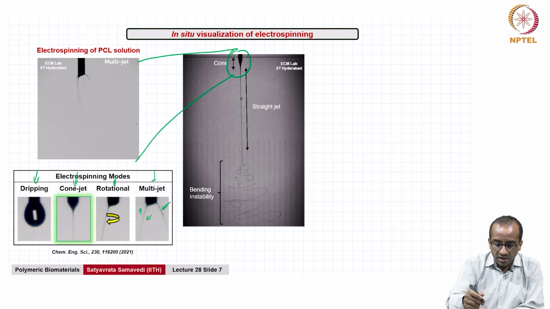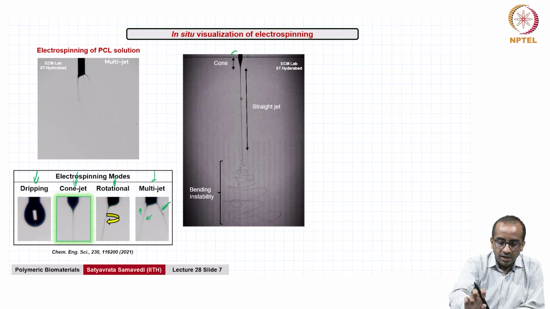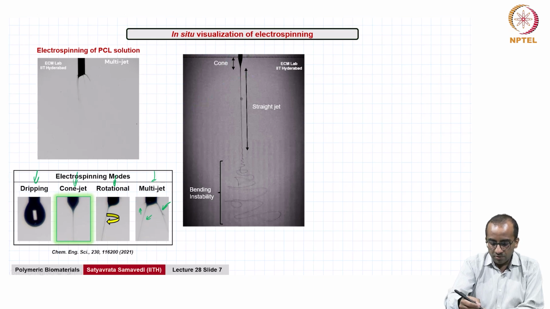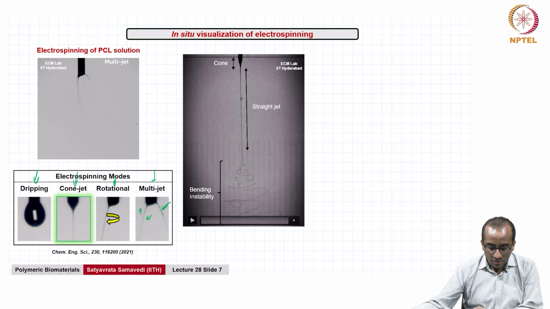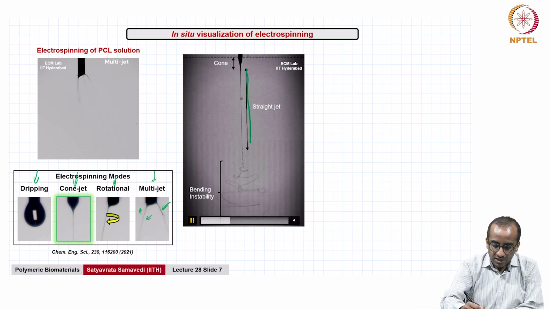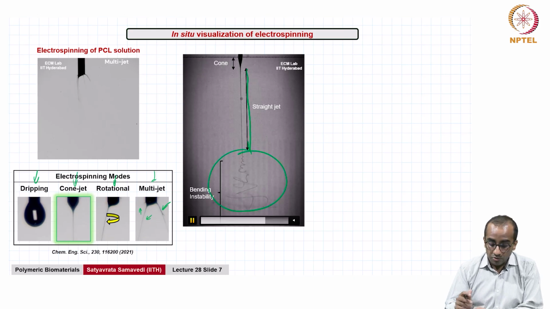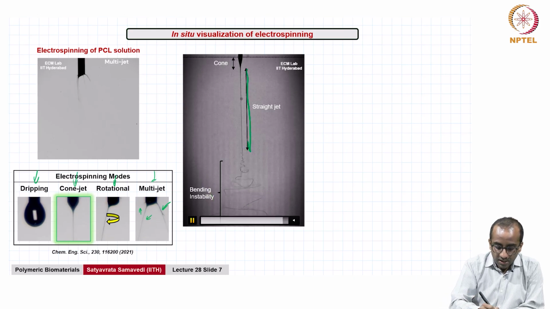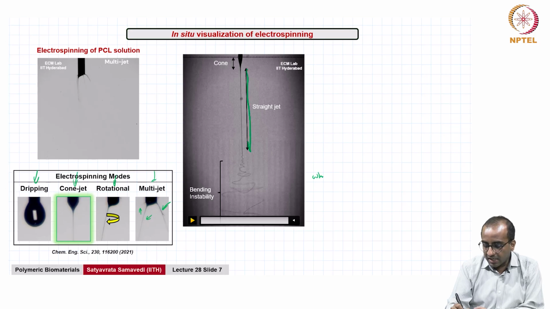This is just the cone and the starting portion of the jet, but this video is going to show the entire process that happens, right. So what you have here is the cone followed by the straight jet, followed by the bending instability here. So you see this bending instability, or the whipping instability as it is called.